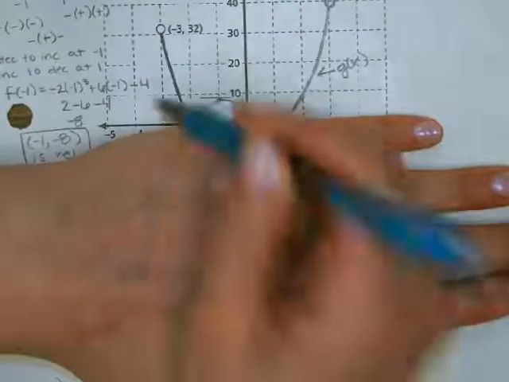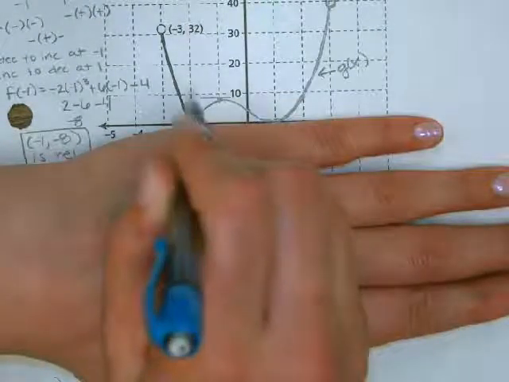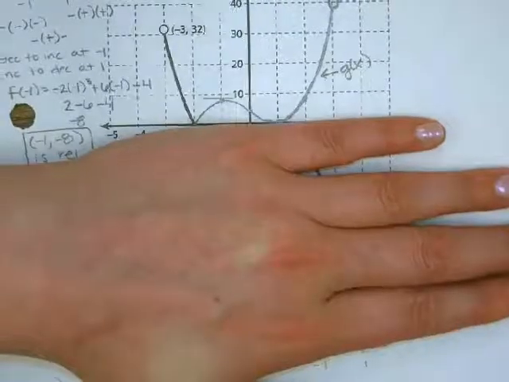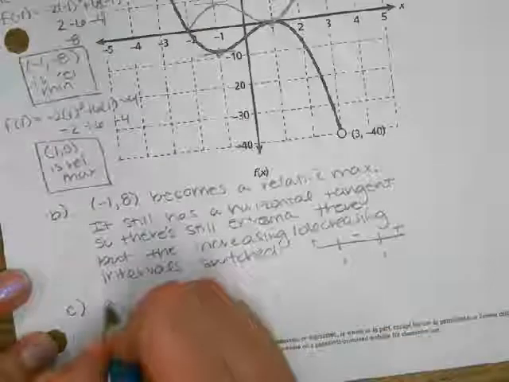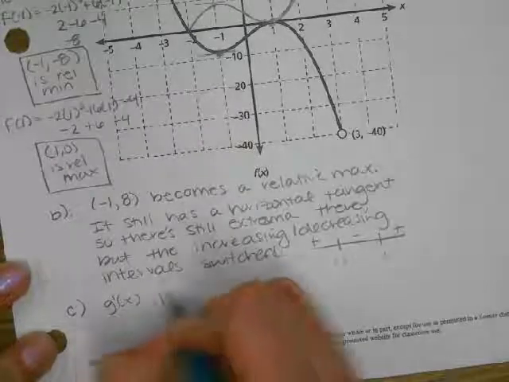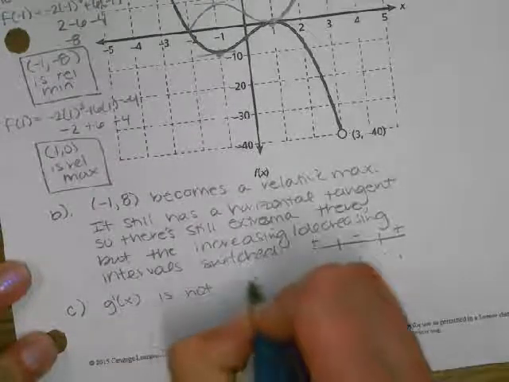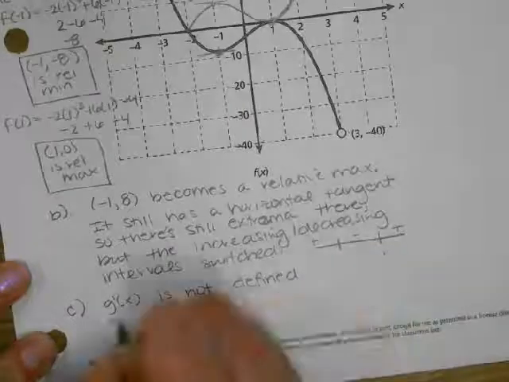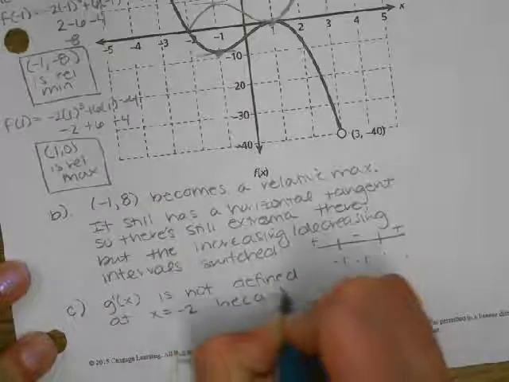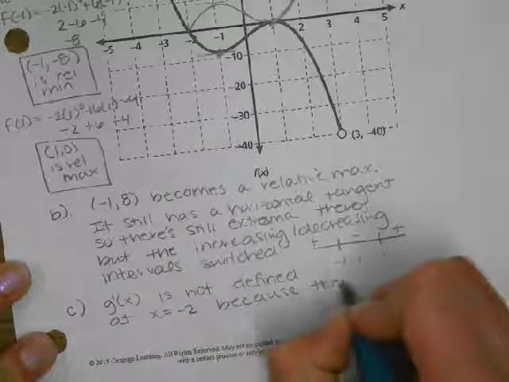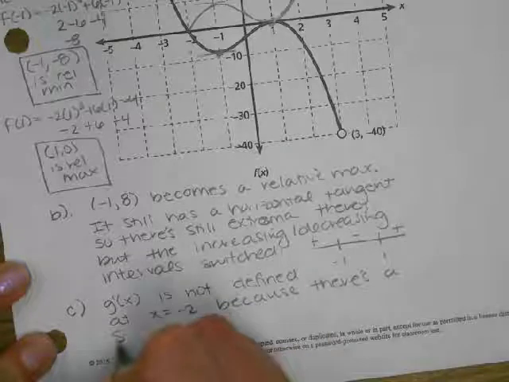And if you can see right here at -2, we got a sharp corner right there. So I said g prime of x is not defined at x equals -2 because there's a sharp corner there.